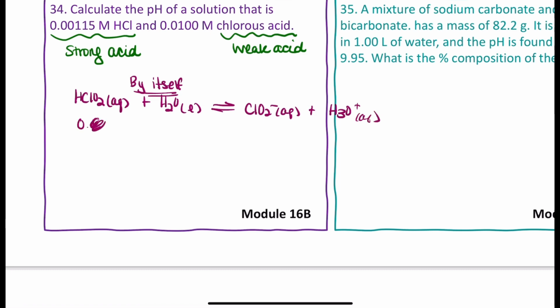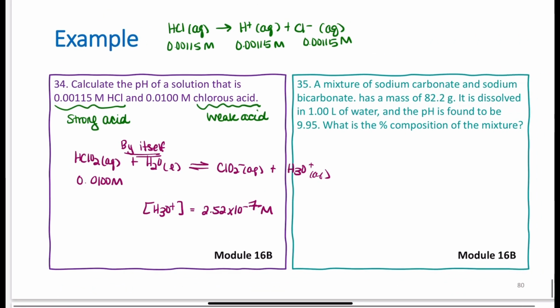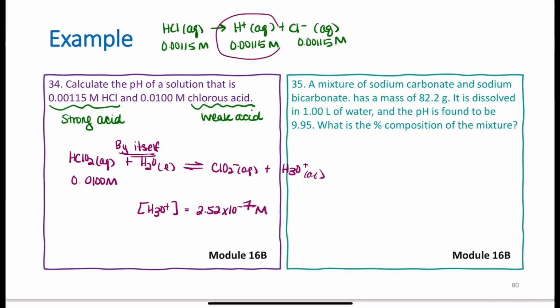I had 0.01 molar here. By the time I solve an ICE chart for this with the Ka value, I would find that my H3O plus concentration is 2.52 times 10 negative 7, which is incredibly small, okay? So first of all, I've got this much H plus just from the HCl. Adding this much H3O plus to it from the chlorous acid does not make a bit of mathematical difference.